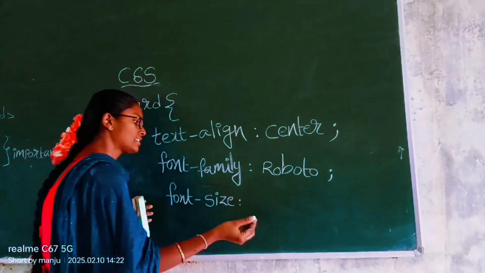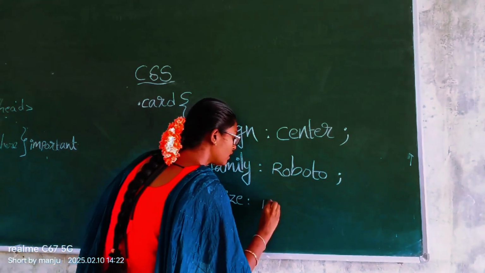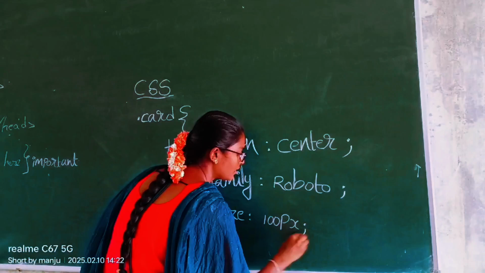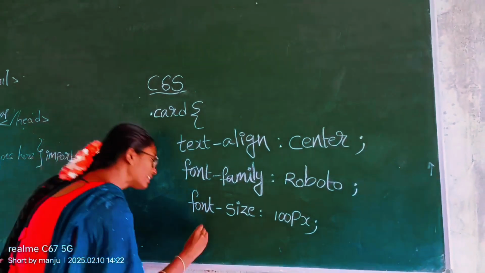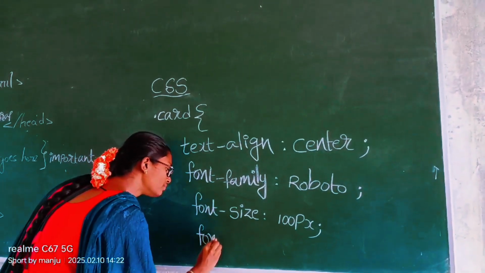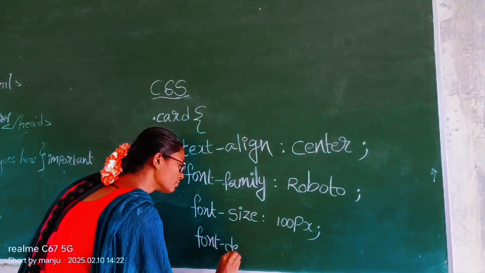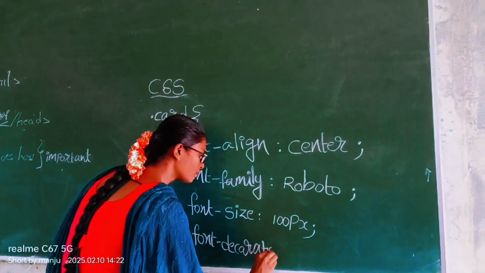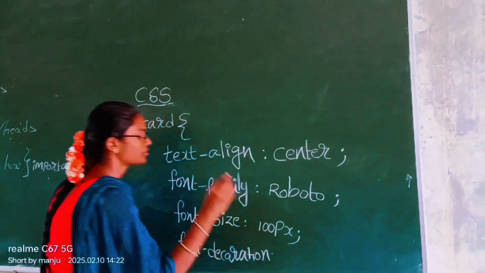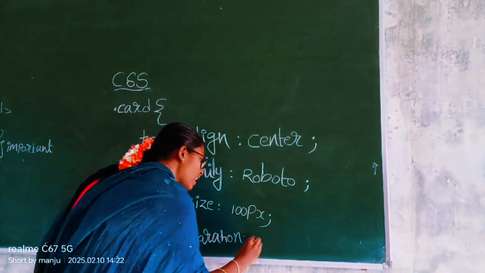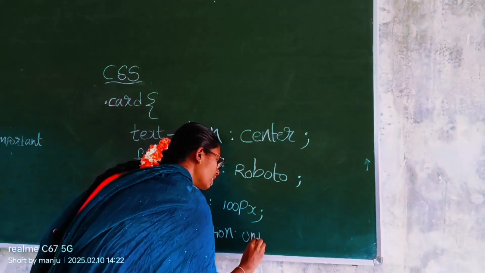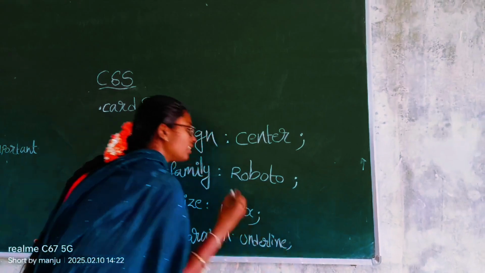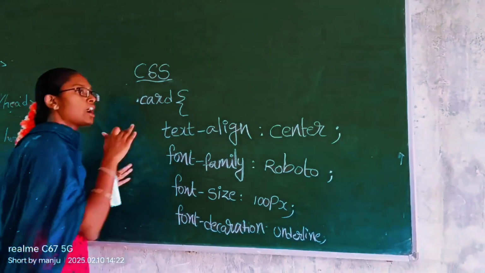We can use font-size as 100px. Font size and then text decoration. In this text decoration, we will write underline, line-through, and overline.